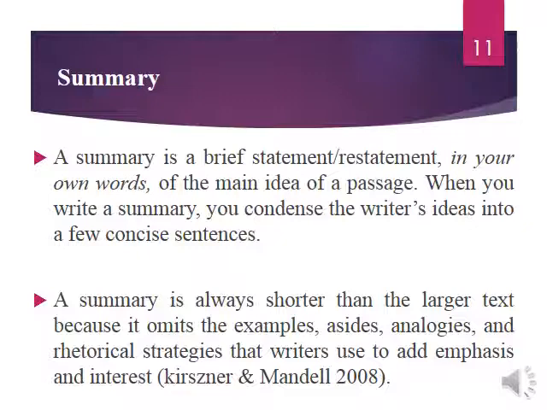A summary is always shorter than the larger text, because when you are summarizing, you are omitting examples and other rhetorical strategies in that particular passage or text. That is, whenever you are summarizing, you are not expected to use any examples and other information that are given emphasis in the text. All that you need to do is to write down the main ideas of the writer.